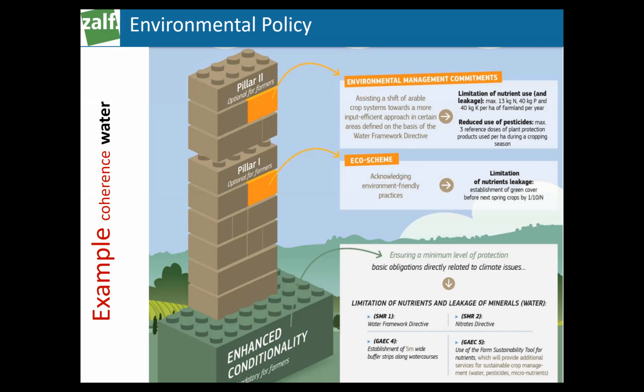Okay? Looking at the coherence of activities of policies. And this is what is being done. And this is done by giving the competence in the eco schemes to the member states. The member states, or the state level, will decide in the design of those. And it's not anymore a general design at EU level.